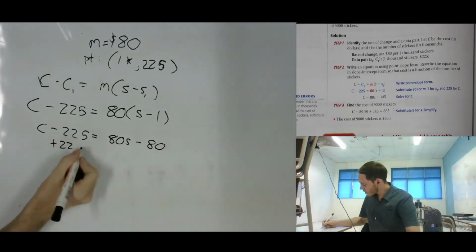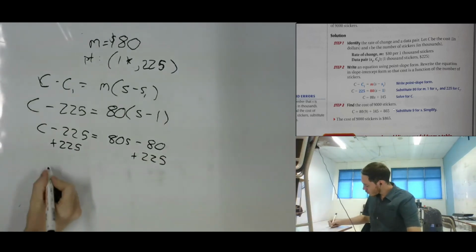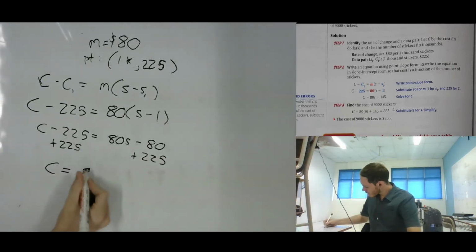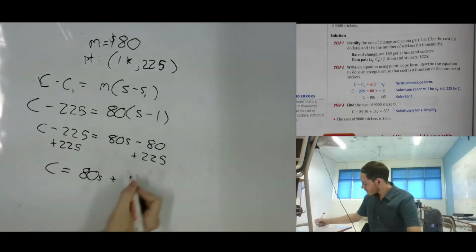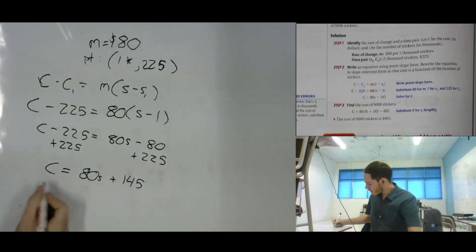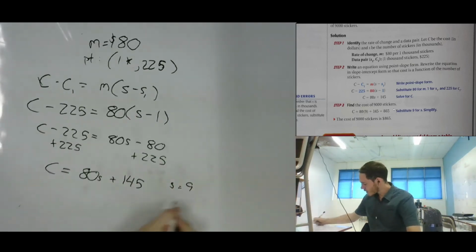Add 225 to both sides. We get C equals 80S plus, and then this would be 145. Now we're going to plug in 9 for S, so S equals 9.